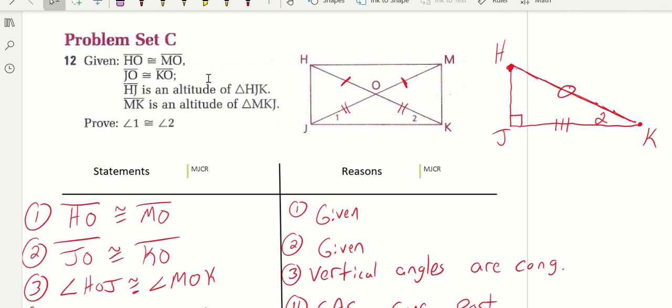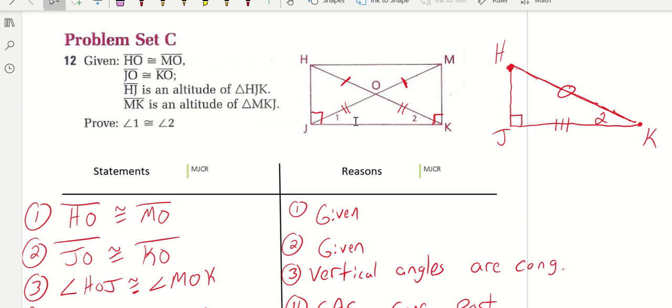We also know that HJ, where's HJ? It's right here, is an altitude of triangle HJK, meaning we have a right angle right there. Also, MK is an altitude of triangle MKJ, meaning we have a right angle right there. What are we trying to show?